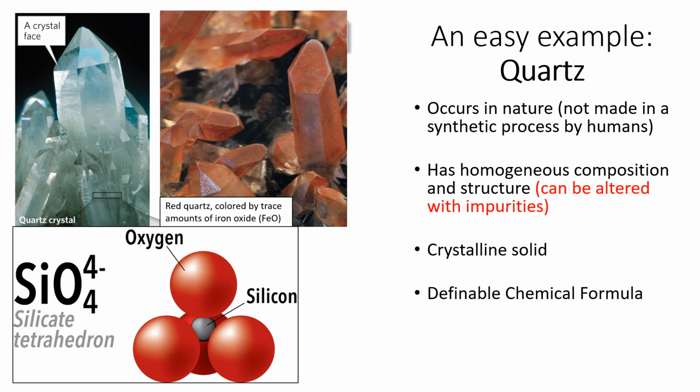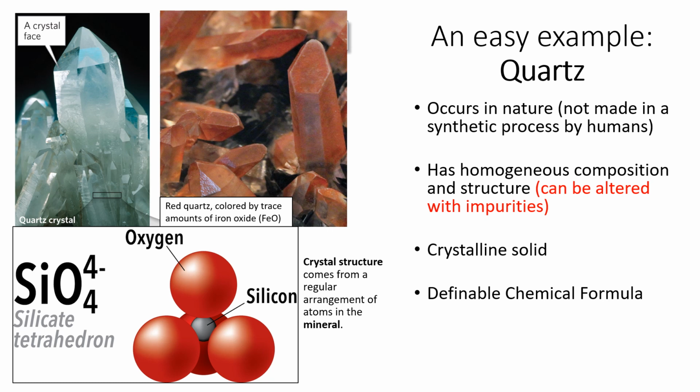Quartz has a definable chemical formula, SiO4, which creates something called the silicate tetrahedron, meaning that one silicon atom is surrounded by 4 oxygen atoms. And this is true in every quartz crystal, and a crystal structure that comes from a regular arrangement of the atoms in the mineral.